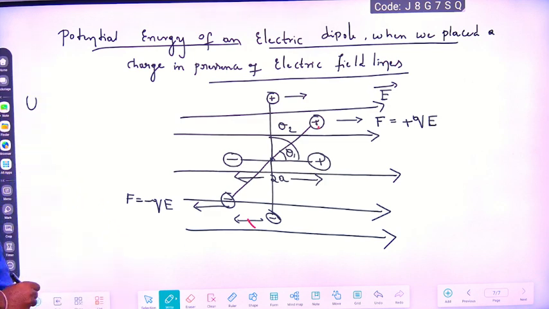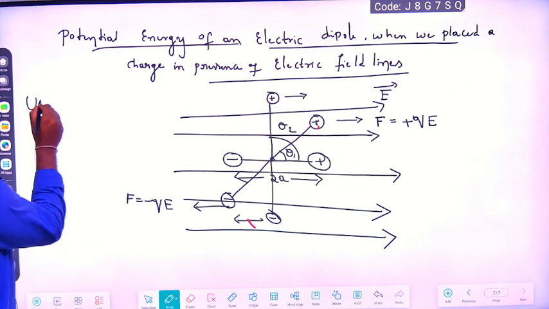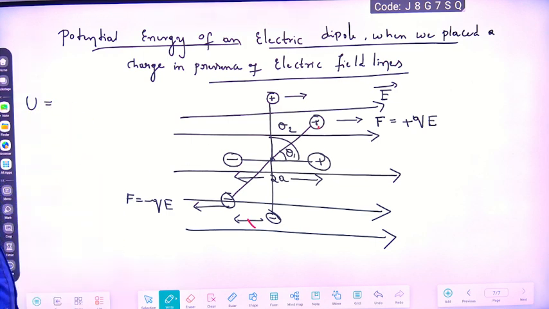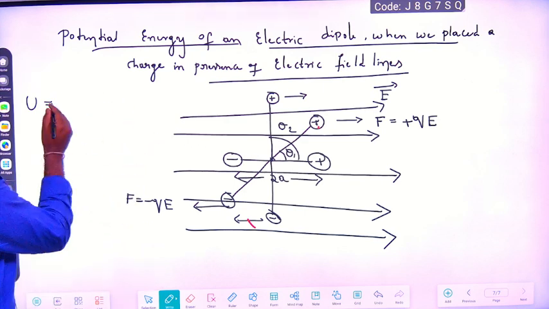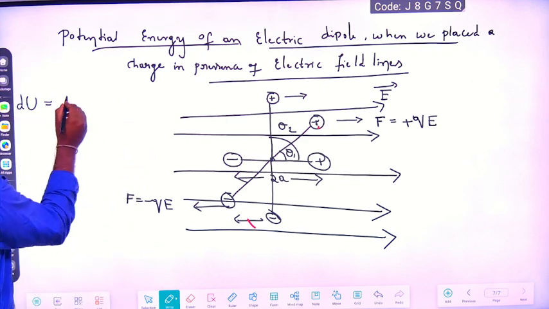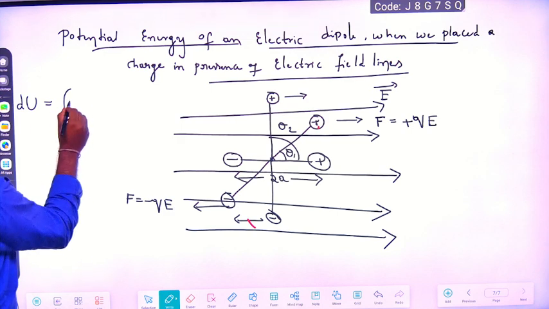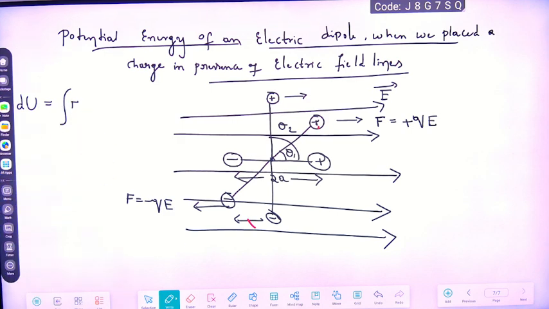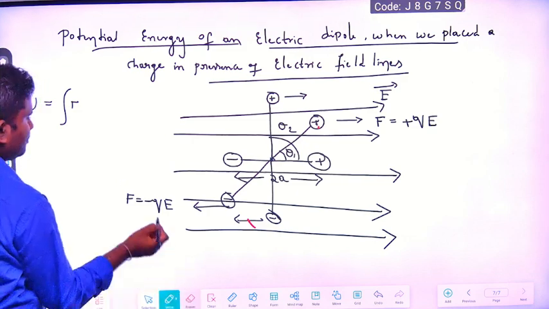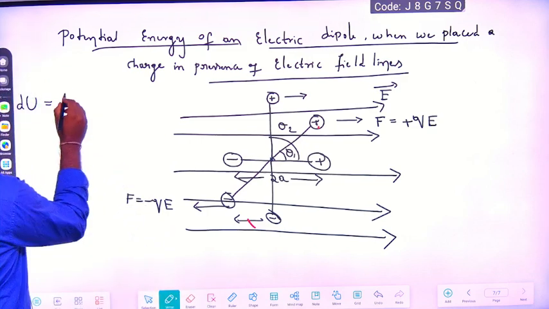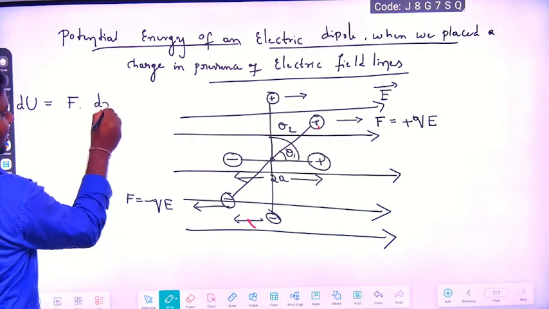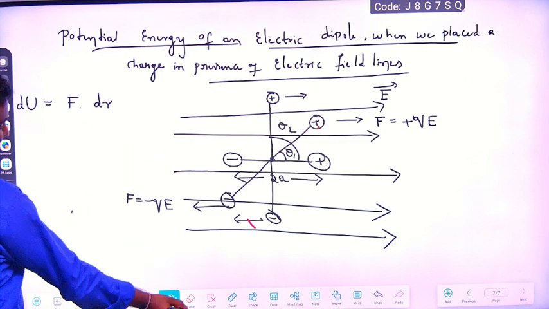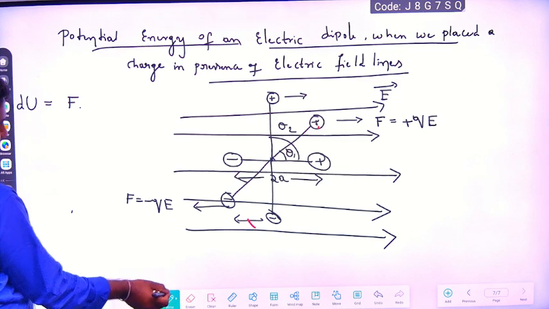Now what is the potential energy, U? U is equal to what? Potential energy means work done only. I will write dU, which is equal to work done, which is F vector dot dr. Here it is not dr. What is there here? d theta.